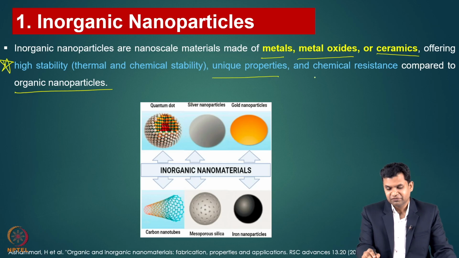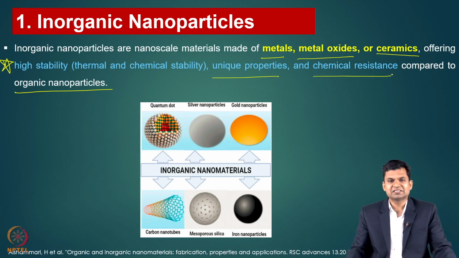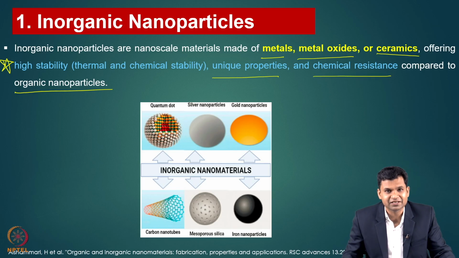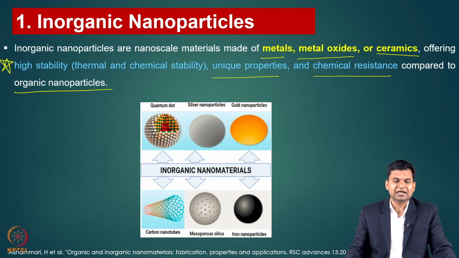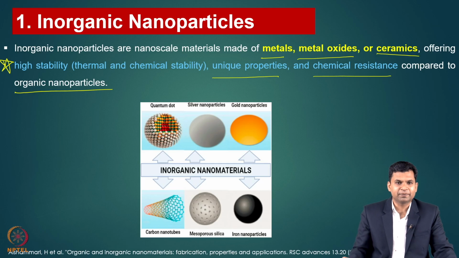Not only that, they are very resistant to chemicals during the preparation as well as in the body microenvironment, and can resist all types of acidic and basic conditions in the body. Now here we can see this picture, and you will understand the various types of inorganic nanoparticles.